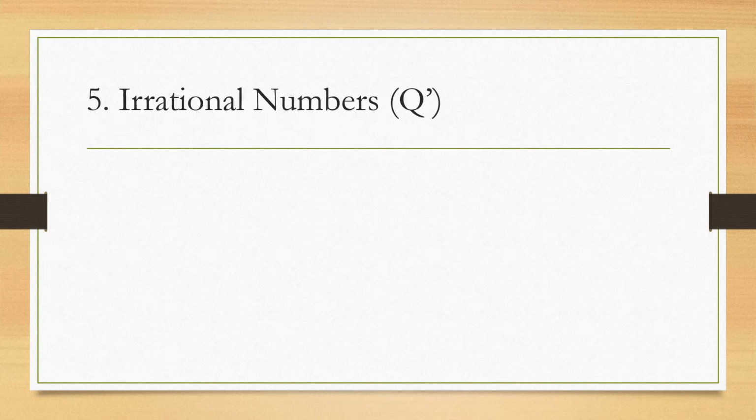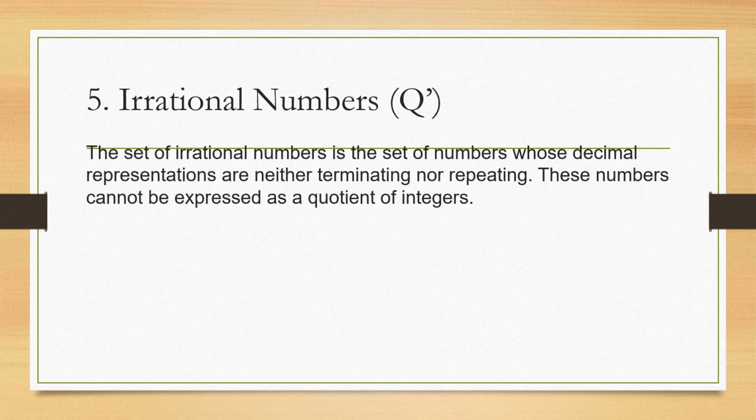Okay, so the fifth kind of real number is irrational numbers. We often use the letter Q with an apostrophe at the top. The set of irrational numbers is the set of numbers whose decimal representations are neither terminating nor repeating.